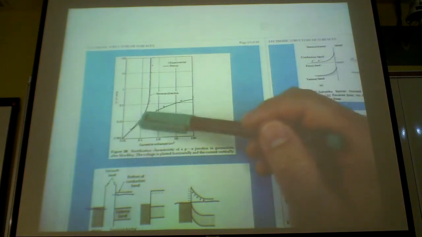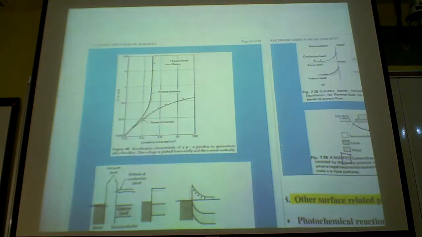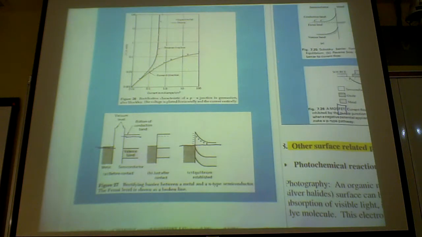The current will not pass because you need so much more voltage in order to lead to passage in the reverse direction. Okay, so in effect you created a diode, and the diode leads to digital electronics, binary electronics as we know it today, so-called classical computing, because you now have 0 and 1 logic by just manipulating these p-n junctions.